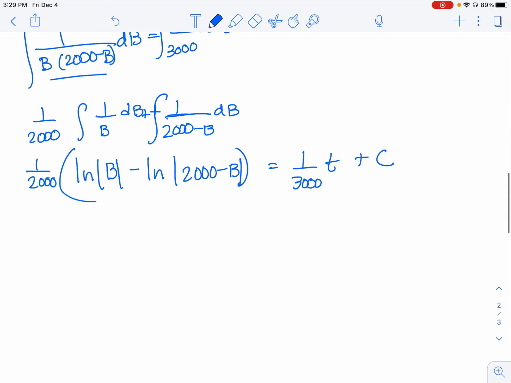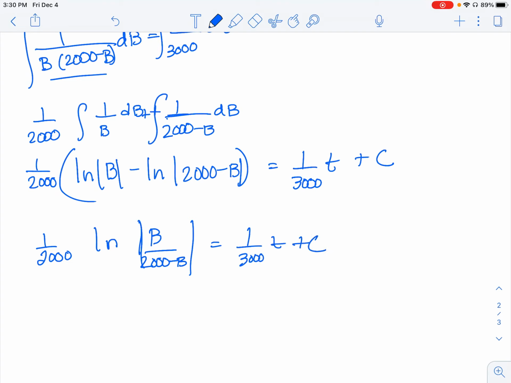Okay, from here I can keep this as 1 over 2,000. This is going to be natural log of b over 2,000 minus b is equal to 1 over 3,000 t plus c.